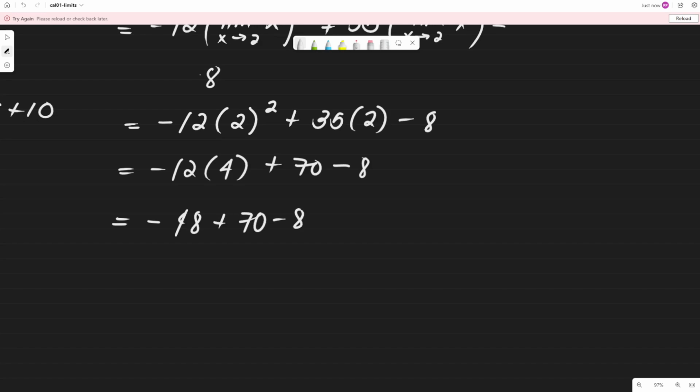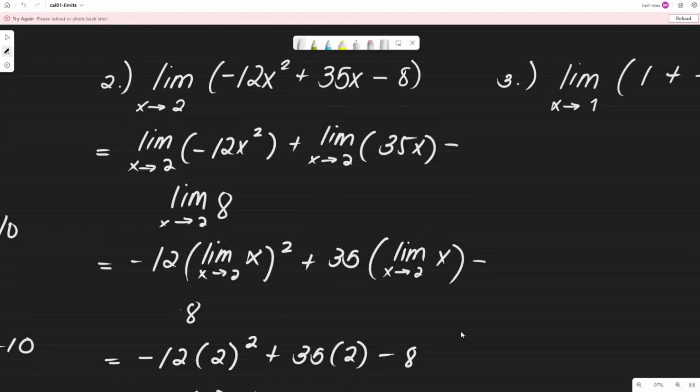So this will just be 70 minus 56, that is equivalent to 14. So this is the value of the function as x approaches 2.